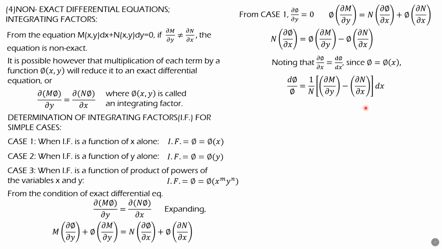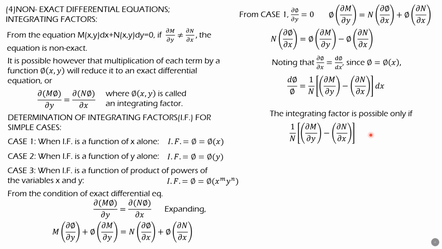And because the integrating factor is possible only if this whole expression here is a function of x alone. So that is 1 over N times the quantity partial of M with respect to y minus partial of N with respect to x is equal to f of x.